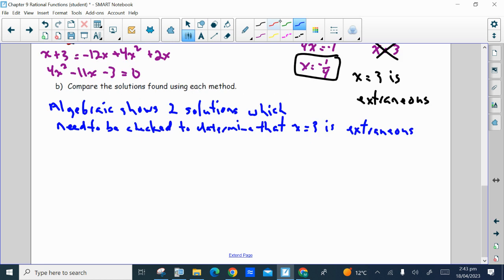The graphical solution shows that there is only one real root.